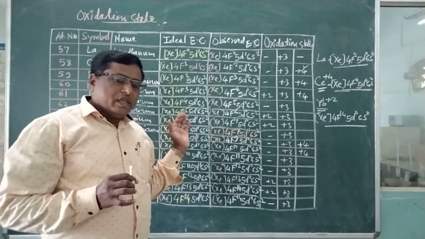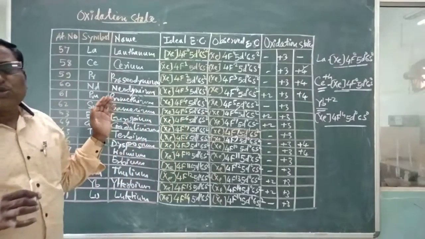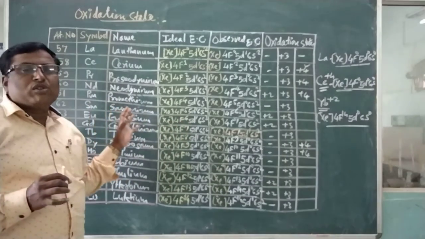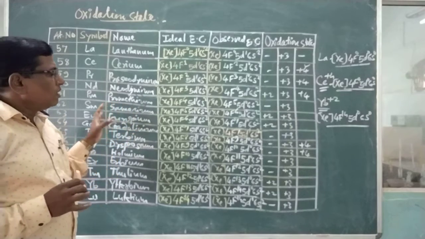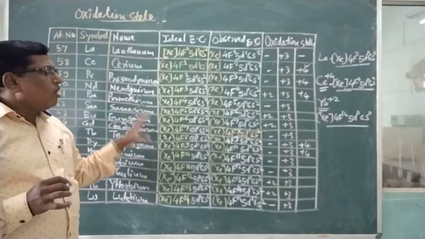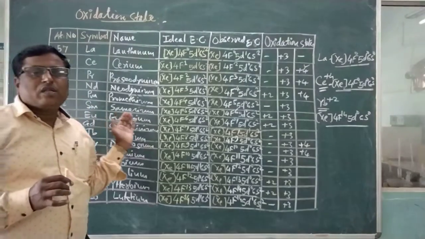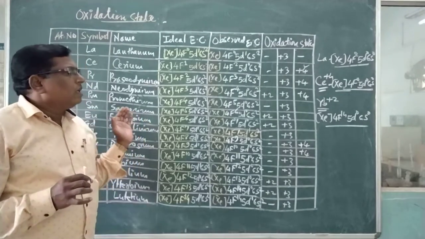These are called the anomalous oxidation states of the lanthanides. In this way the oxidation states of the lanthanide series can be explained.